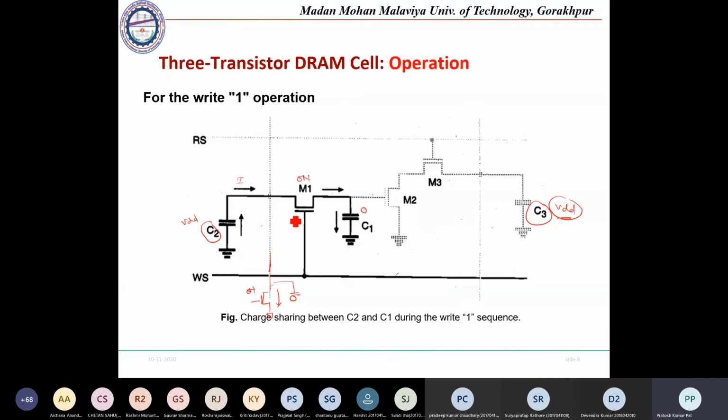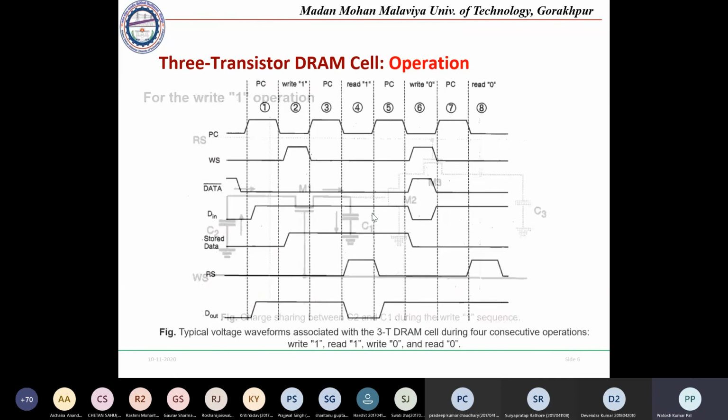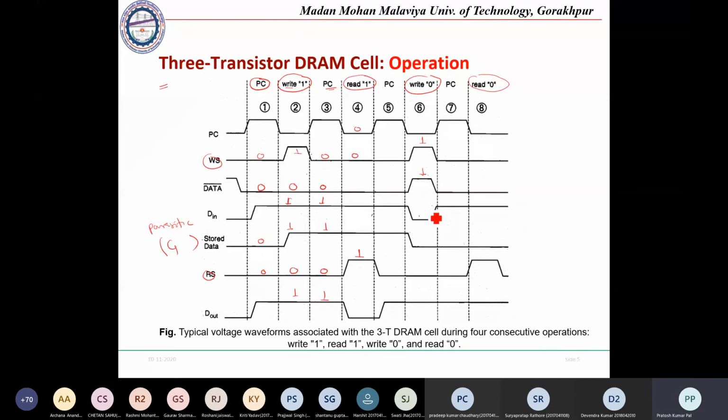Once this is connected to 0 and this transistor is on, whatever data is stored will be discharged through this connection. This discharging makes the value stored at the C1 capacitor equal to 0. So this value works as the logic 0 retained on the capacitor C1.